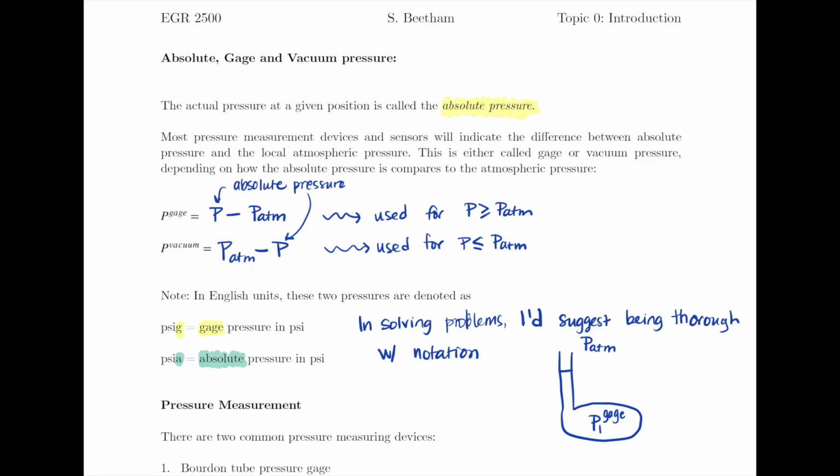As a standard practice, and I recommend that you all do this too, in solving problems, I'd suggest being very thorough with your notation.